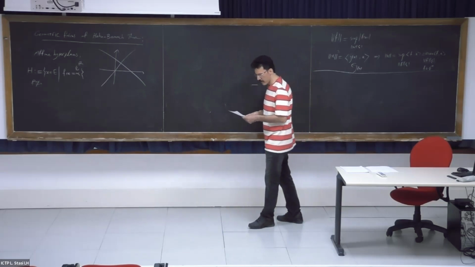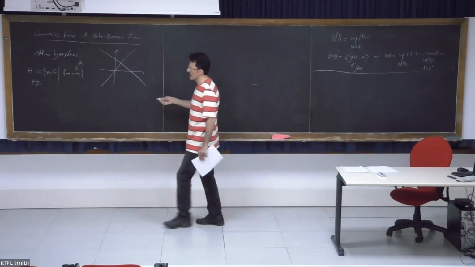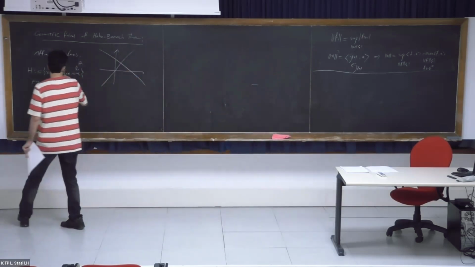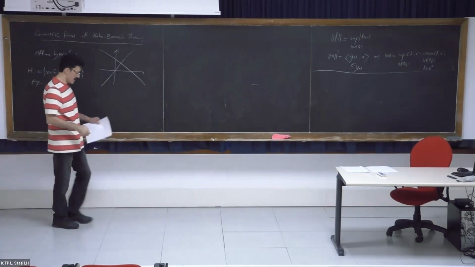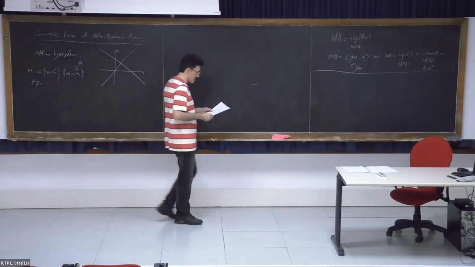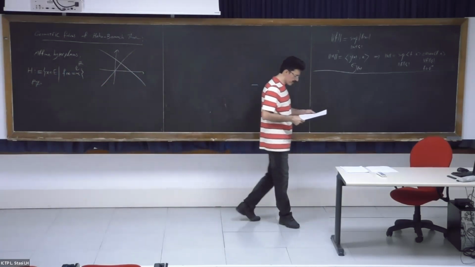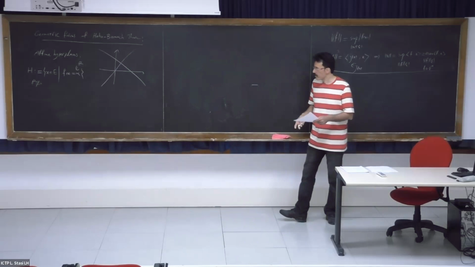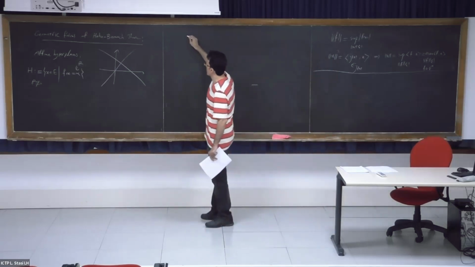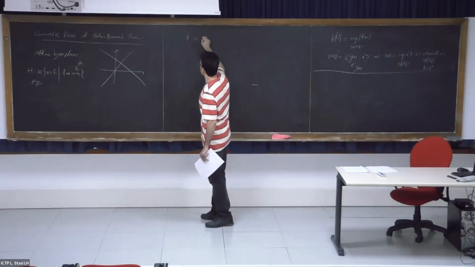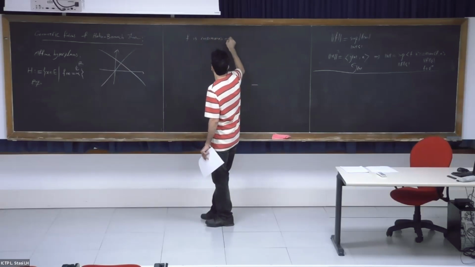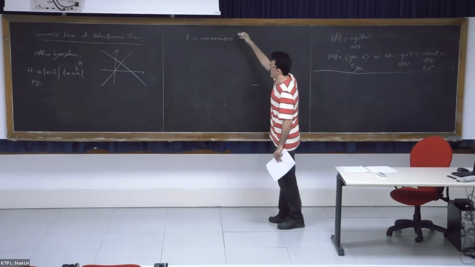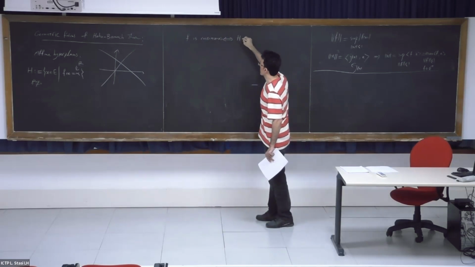So you know that here there is no assumption on the continuity of f. But there is a result that says if f is continuous, we have that h is closed, and they are equivalent.